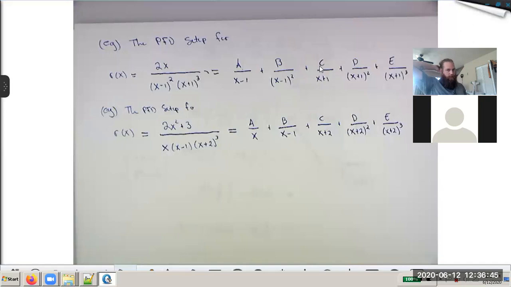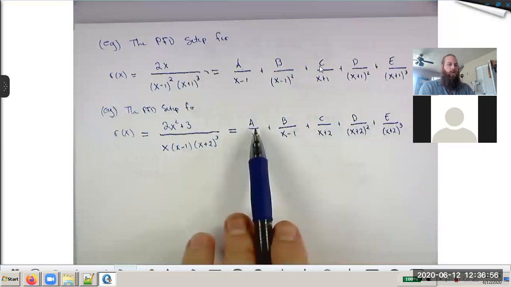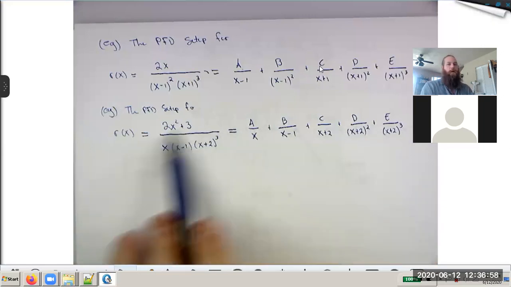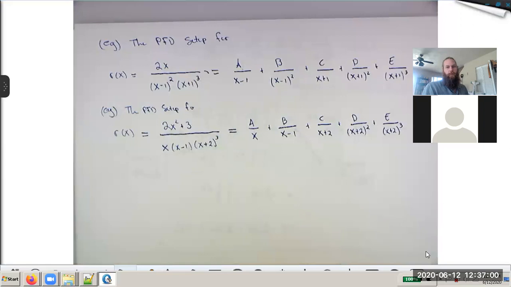Feel like you understand how the repeated factors affect the setup? The number of terms you have here should always be the same as the degree of the bottom, meaning the sum of the multiplicities of the bottom.